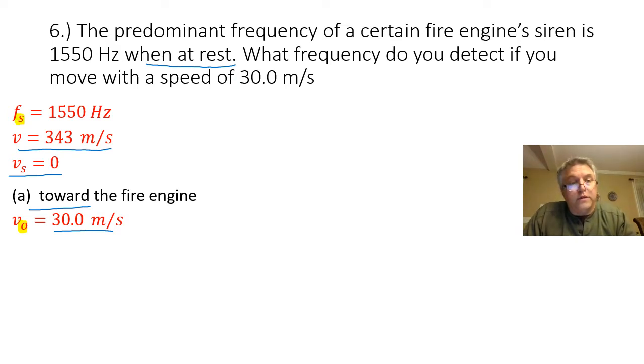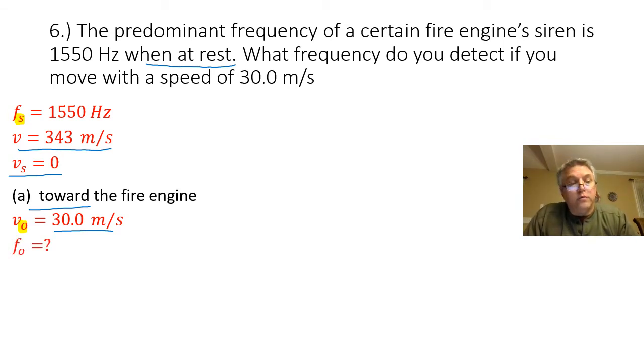So the velocity of the observer is positive 30 meters per second, because our positive and negative signs are now relative to whether we're moving toward or away from the source. Because I'm moving toward the fire engine, my velocity is positive. And we want to know what the frequency of the observer is.